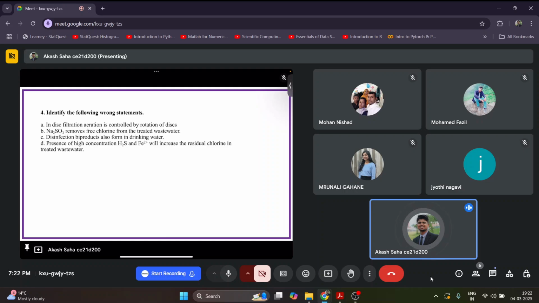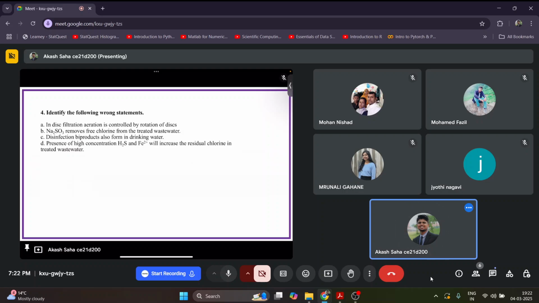So there is always a debate. If some kind of organic matter and chloride are there, then maybe it can form. But if it is completely free from all kinds of organic matter, then this will not form. So some ambiguity can be there.